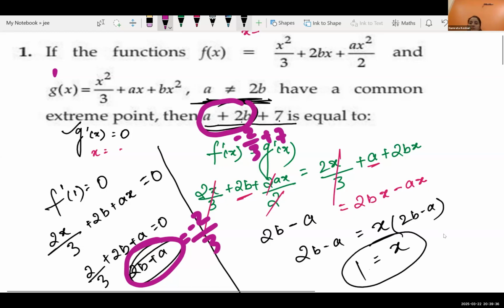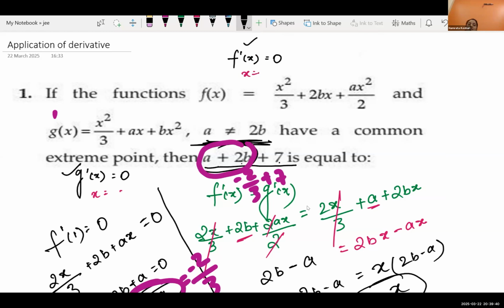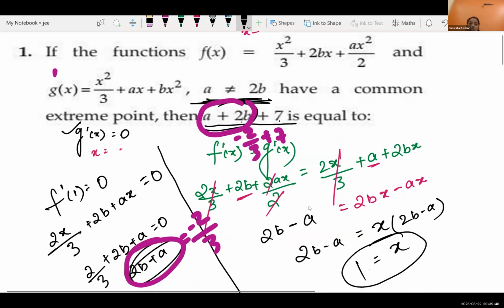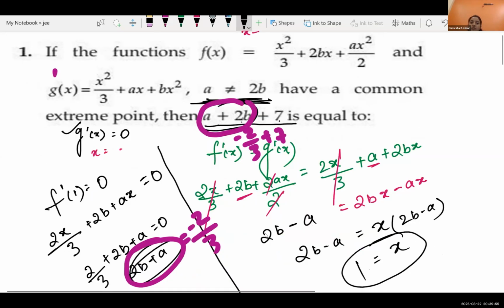Concept is clear, Meera and Upasna? Okay, so this concept we need to use for this question, which is nothing new. You have solved not exactly like this question, but these terminologies, these concepts are clear to you. Now, one more thing I must add, the same type of question.